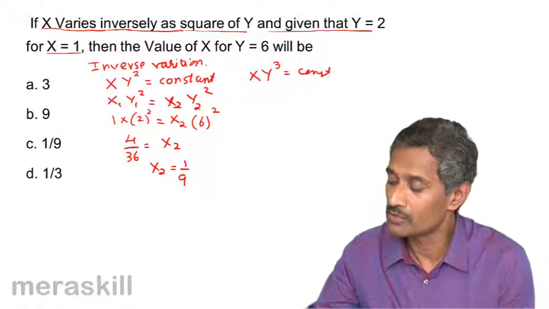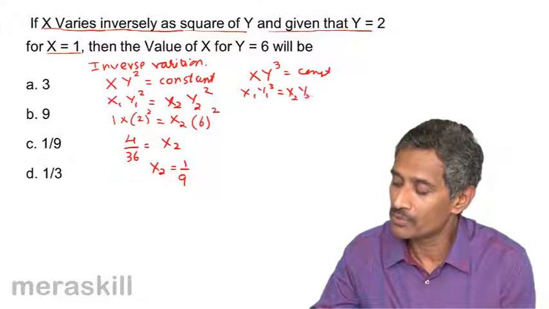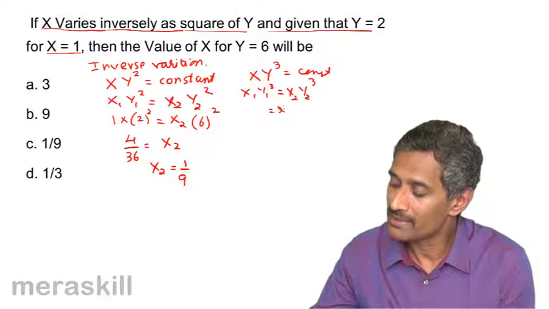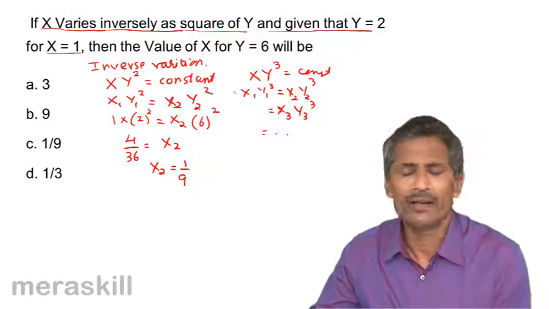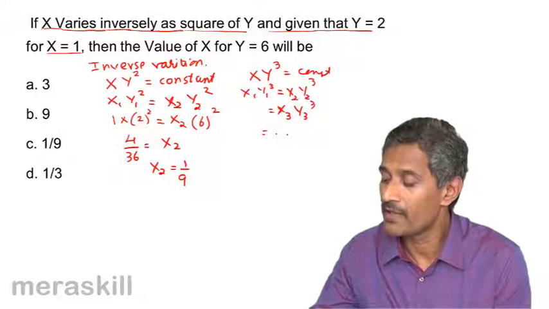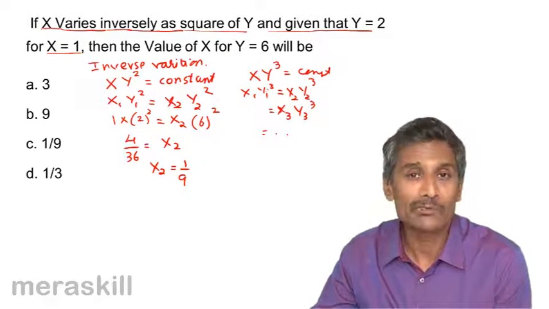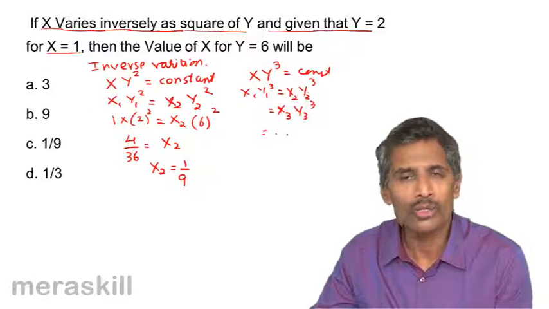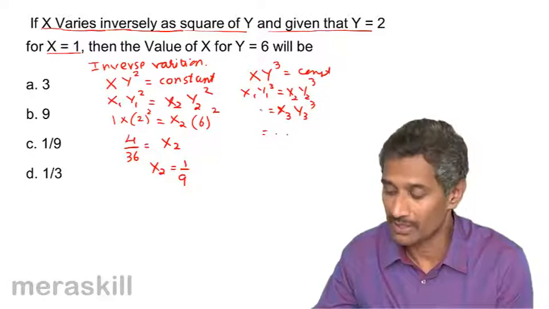This is a constant, which means x1 y1 cube is equal to x2 y2 cube is equal to x3 y3 cube, and so on and so forth. Umpteen number of pairs of x and y values you take, multiply x with the corresponding y cube. In all the cases you'll find the value is the same, which means that it's a case of inverse variation.